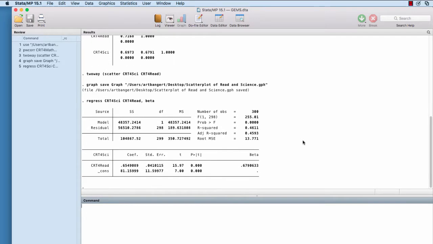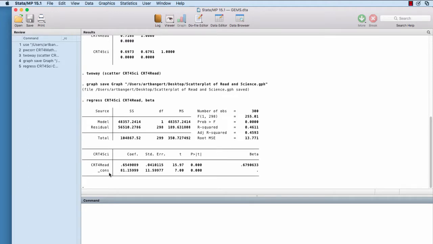Now, this is just a bivariate linear regression. That's not the case with multiple regression. But with linear regression, when you're just having two variables, R square is directly related to the correlation coefficient. Now, the other thing we can look at is our coefficient table. This is the constant, and this is our unstandardized beta coefficient.